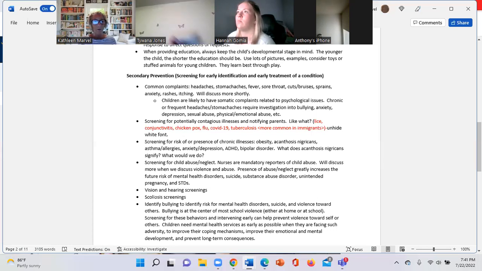Anybody know what acanthosis is? Anybody read up on that? What is it associated with? Diabetes, type 1 diabetes. Anybody know what it is? It's the discoloration in your skin folds.